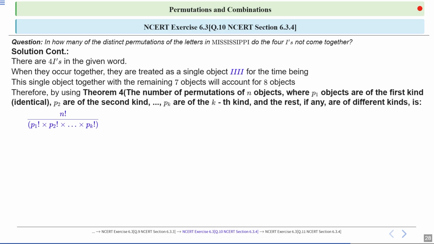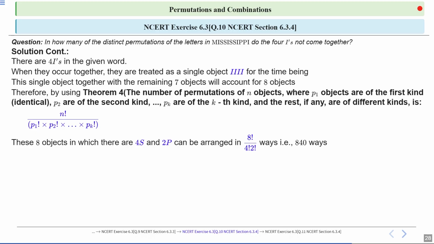Therefore, by using theorem 4, the number of permutations of n objects where p1 objects are of the first kind, p2 are of the second kind, and so on up to pk of the kth kind, is n factorial upon p1 factorial into p2 factorial into dot dot dot pk factorial.